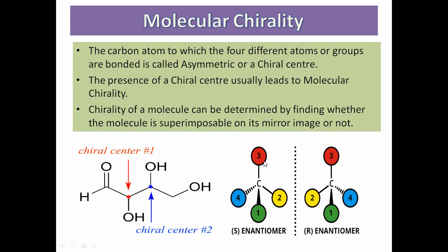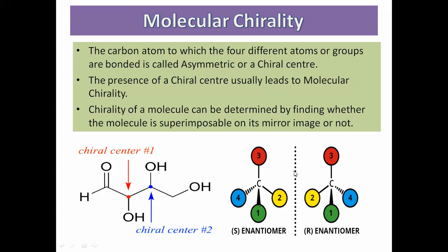In enantiomers, it will depend on the priority of these groups. That means we see the different groups attached to this carbon, and accordingly we number them as 1, 2, 3, 4. So if it is clockwise, we name it as the R enantiomer, and if it is anti-clockwise, then it is the S enantiomer.